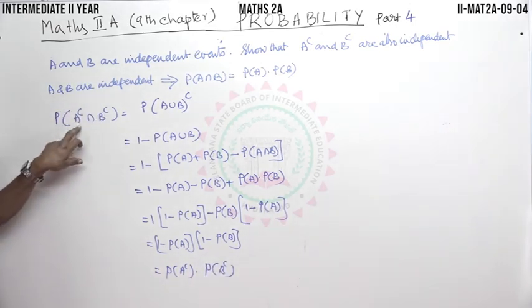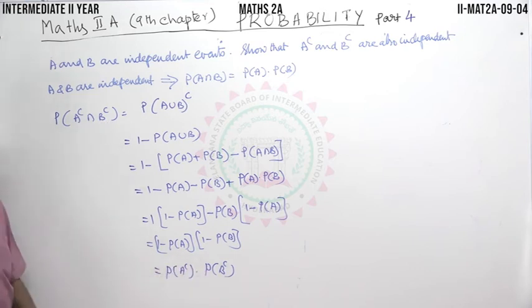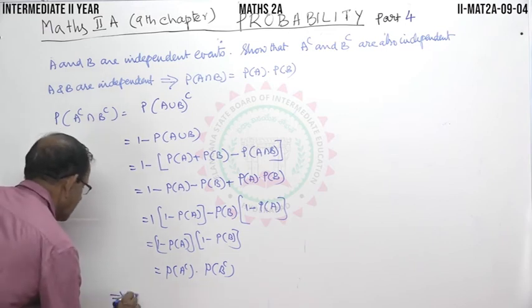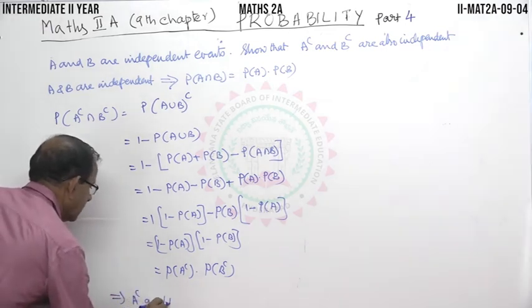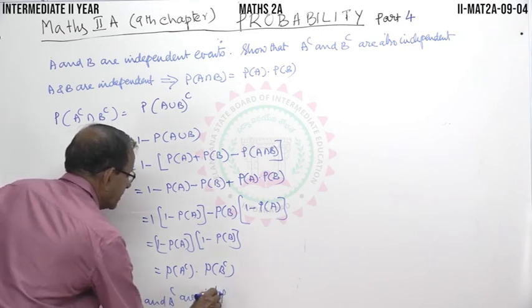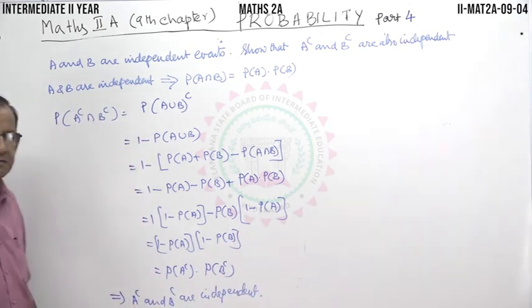Now P of A complement intersection B complement is P of A complement into P of B complement. That implies A complement and B complement are independent. Okay.